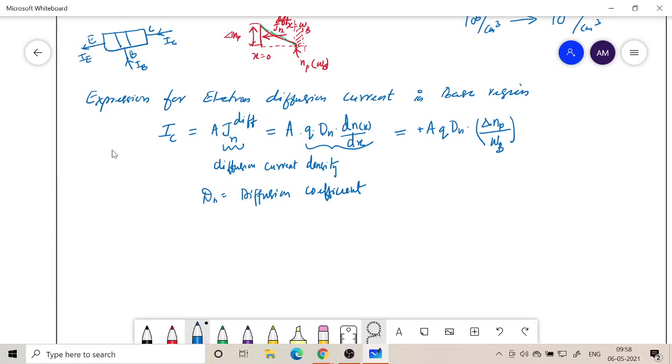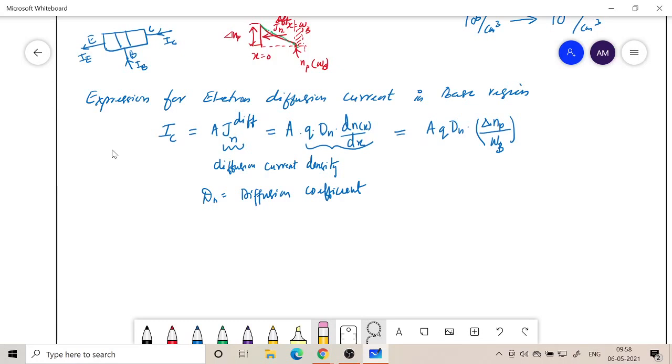But if you are taking the direction of current as the positive value of current, then we can just remove that sign. So I will just take the magnitude, and I will not put this sign here for simplicity. So this is going to be our collector current.